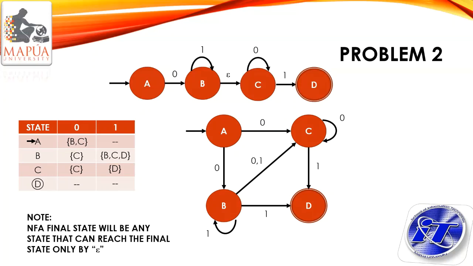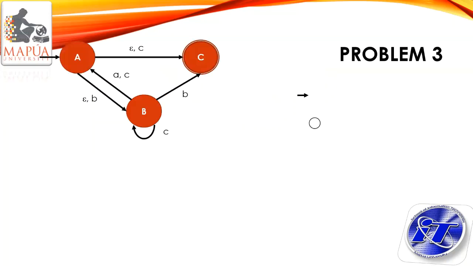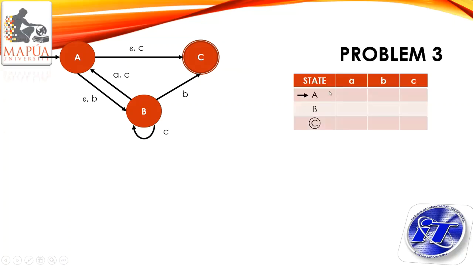Now let's move on with problem 3. Problem 3 involves three states, A, B, C, and we have C as a final state. We need to complete this table to create the NFA.